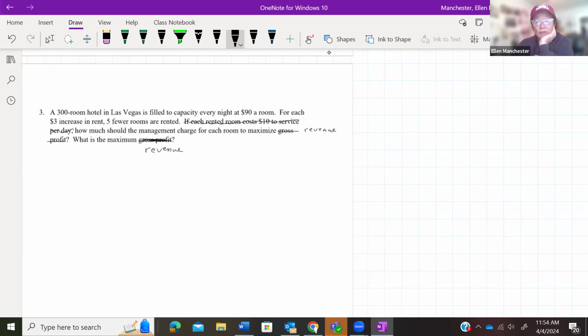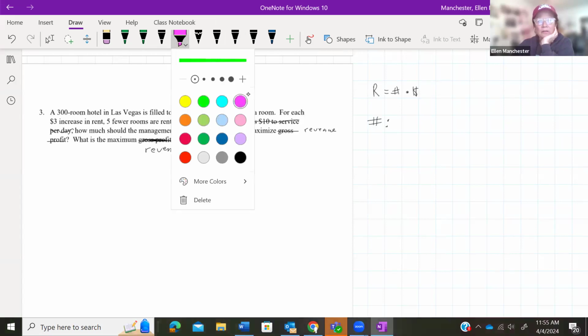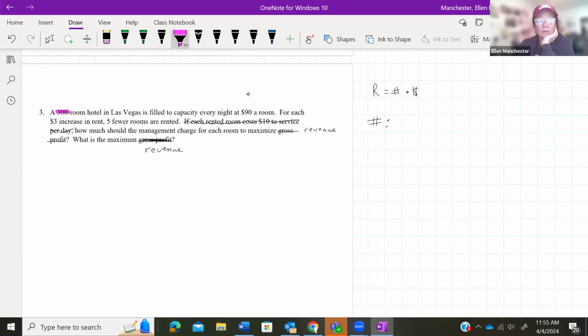Okay. So this one, we need 2 things. Revenue is the number of rooms times the price of the room. Okay, so our number function is we start with 300 and we have 5 fewer rooms. So put those together, you end up with 300 minus 5 times the number of times you change it.